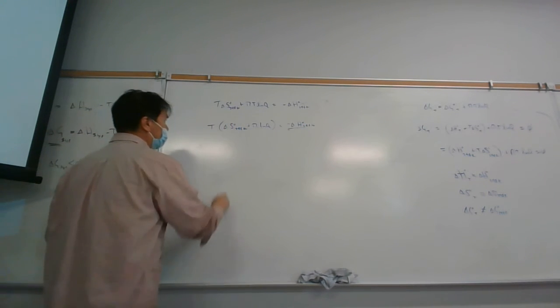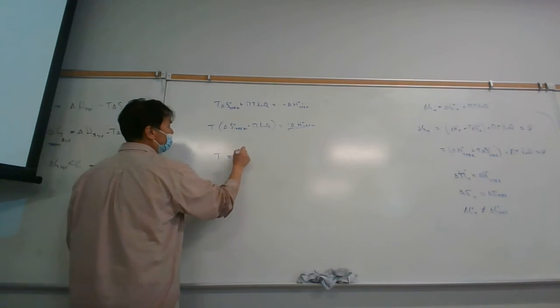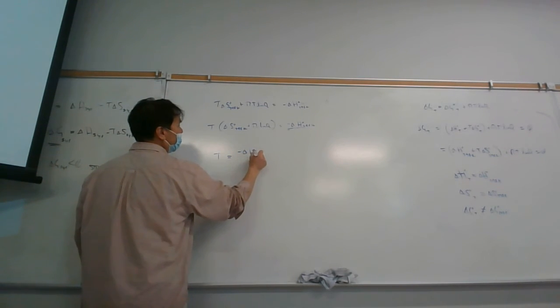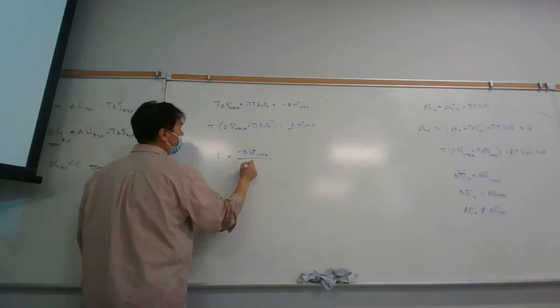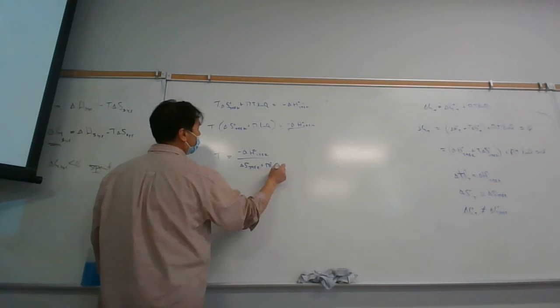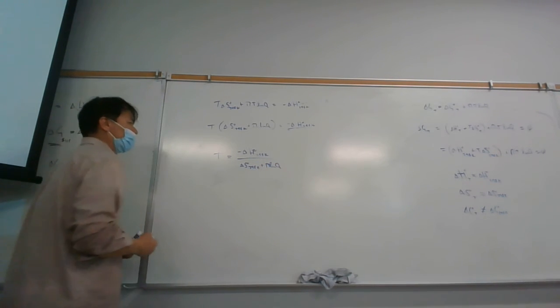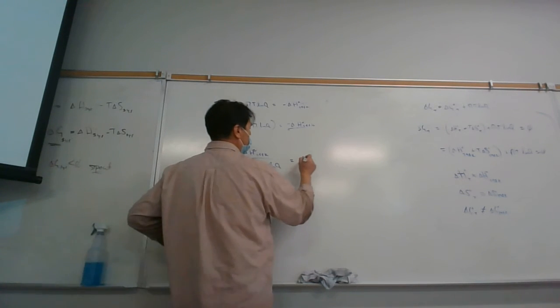Then we're going to divide both sides by this term here. So T is equal to minus delta H naught at 298 Kelvin divided by delta S naught at 298 Kelvin, plus R ln of Q. Okay, so let's plug the numbers in here.